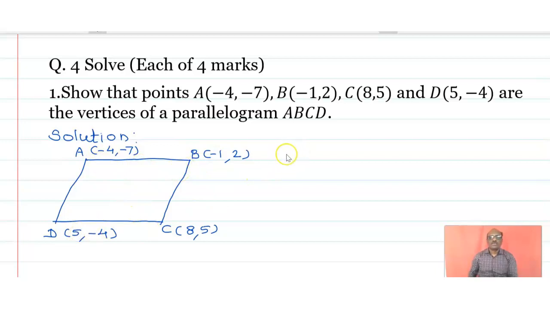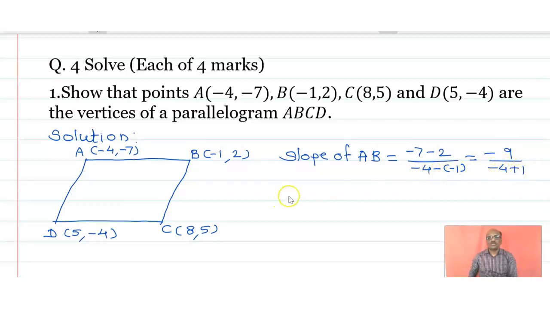Slope of AB is equal to: minus 7 minus 2 upon minus 4 minus in bracket minus 1, and here is minus 9 upon minus 4 plus 1, since minus minus becomes plus.